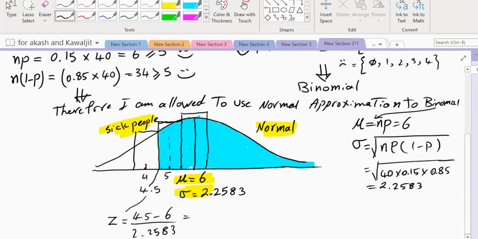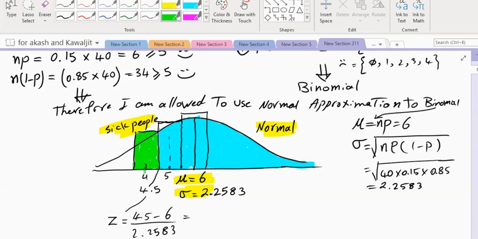I have a question for you. Let's think about 4. 4 is this column. Do you know why 4 is this column, but not half of this column? What is the distribution we are dealing with? It's not normal.